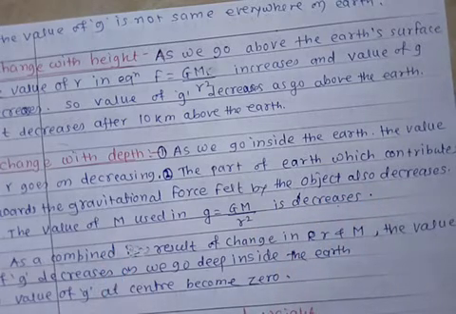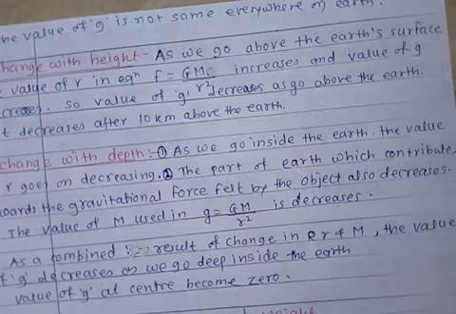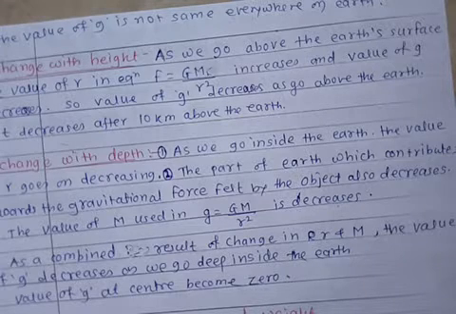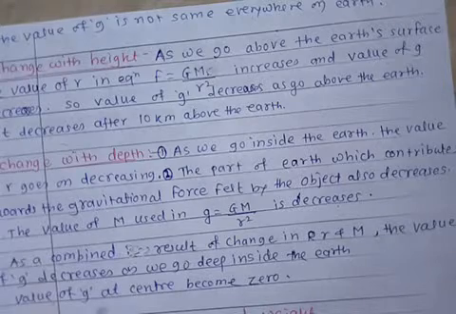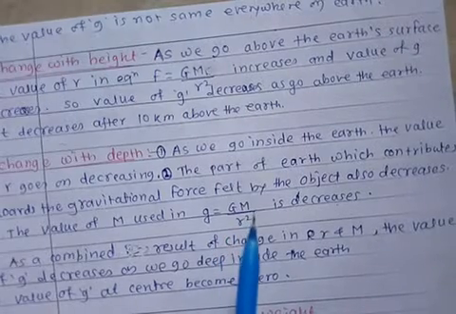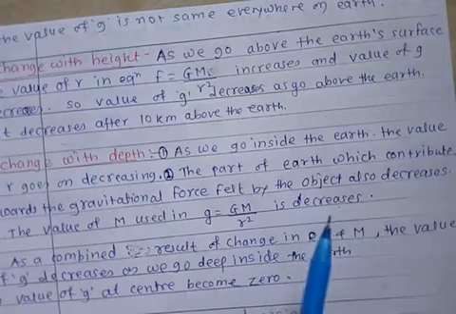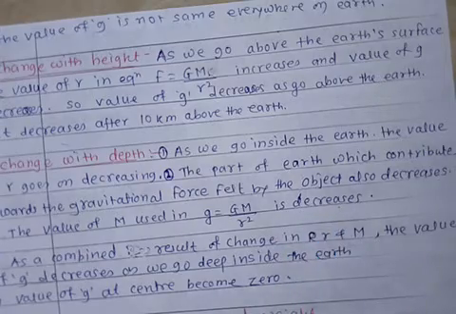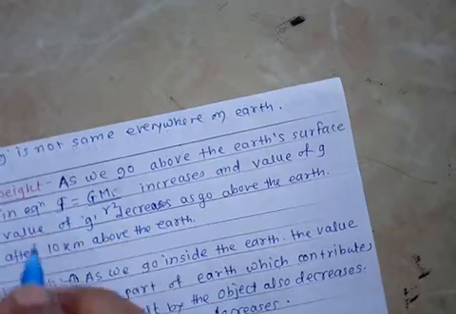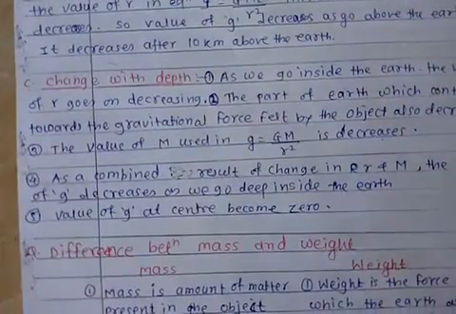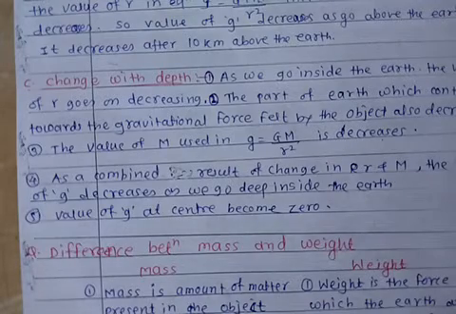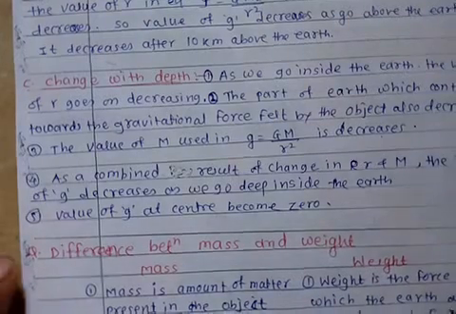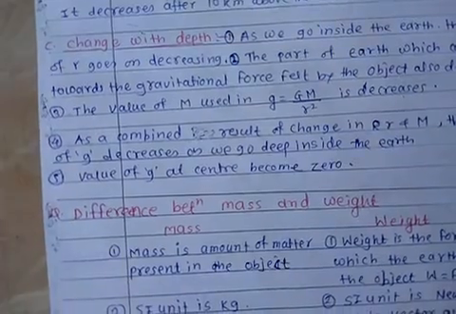That is the mass. As we go towards the center, the mass decreases, and so because of the effect of R and M, g decreases. These are the 3 points we have studied: change on the surface, change with the height, and change with the depth.